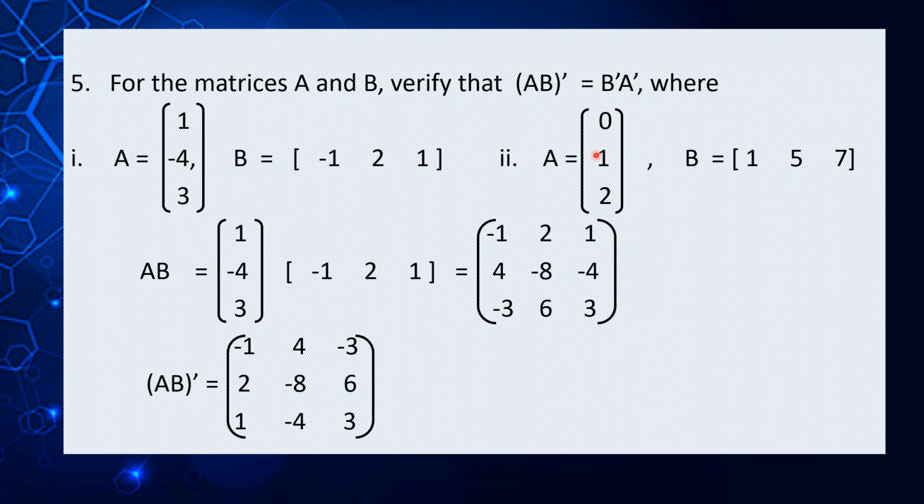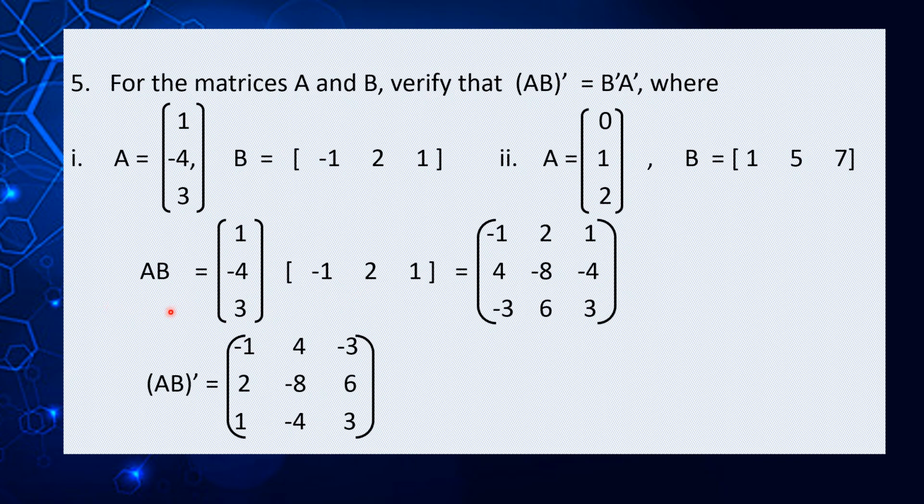Second part would be A is equal to this matrix and B is equal to this matrix. So first question would be this one, that is A is equal to 1 minus 4 3 and B is equal to minus 1 2 1. So let's consider the LHS part, that is AB the whole transpose.